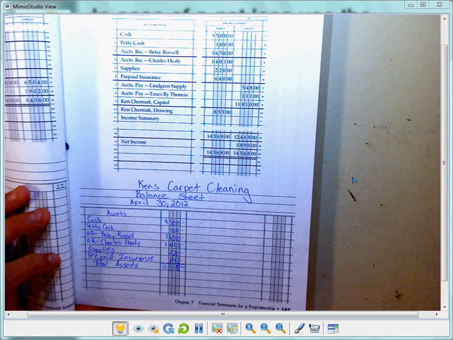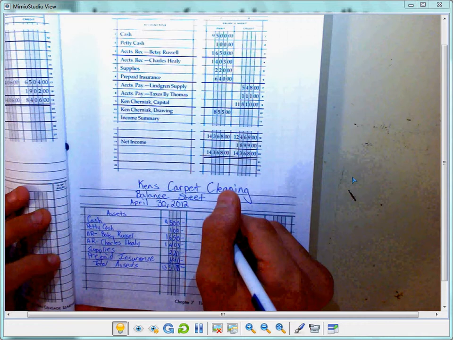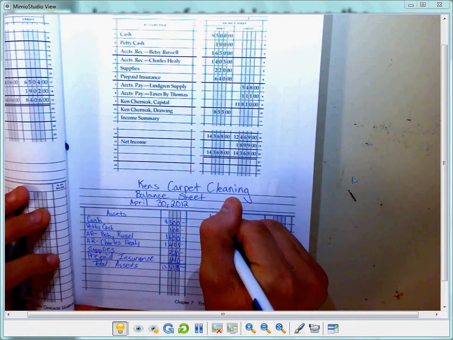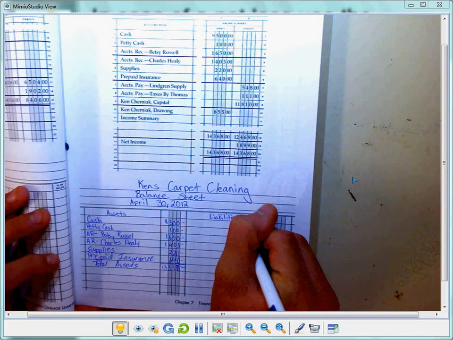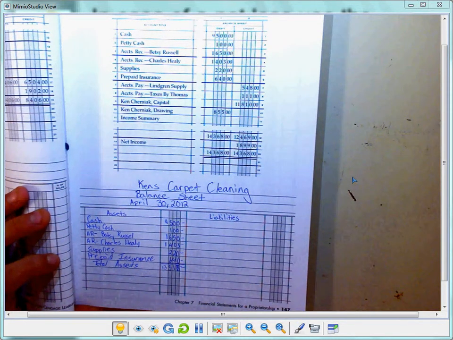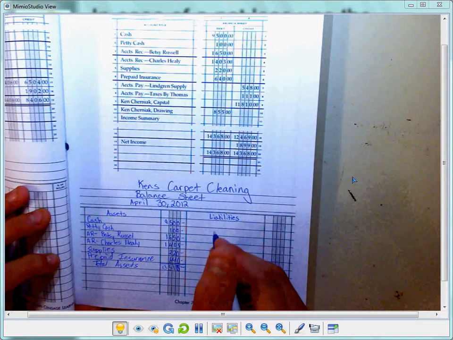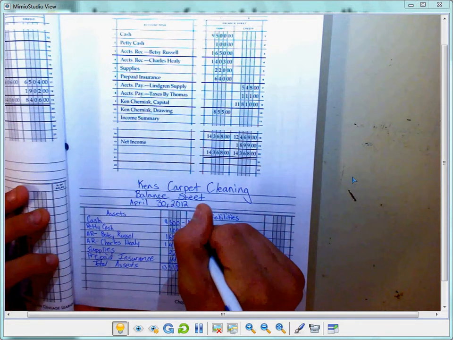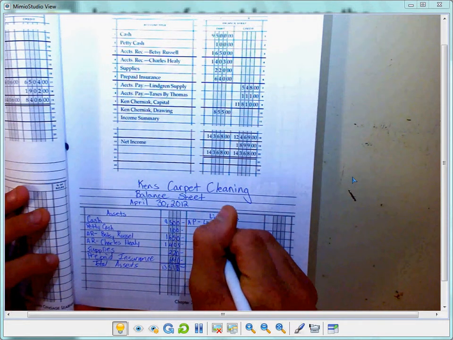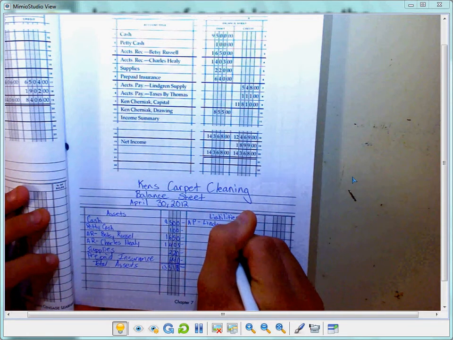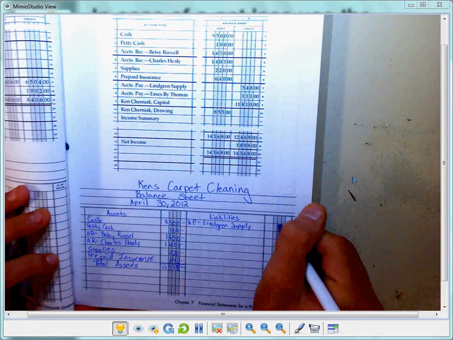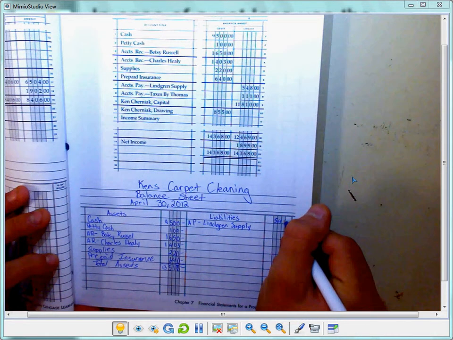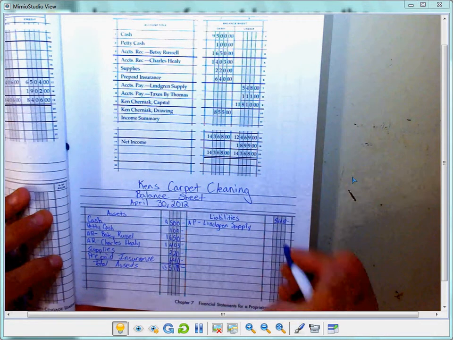Okay, now over into section two. Top line centered is going to be liabilities. Our next line, AP dash Lindgren Supply, $548.